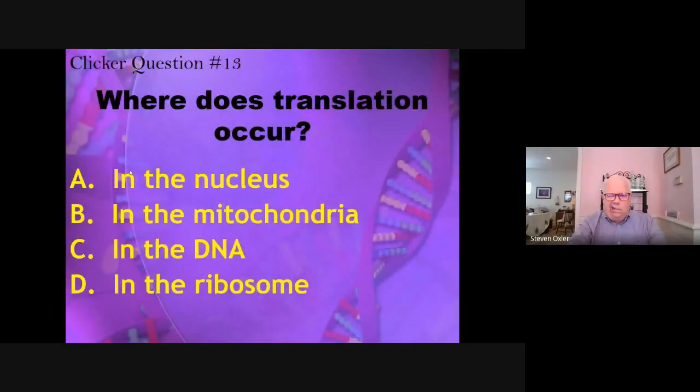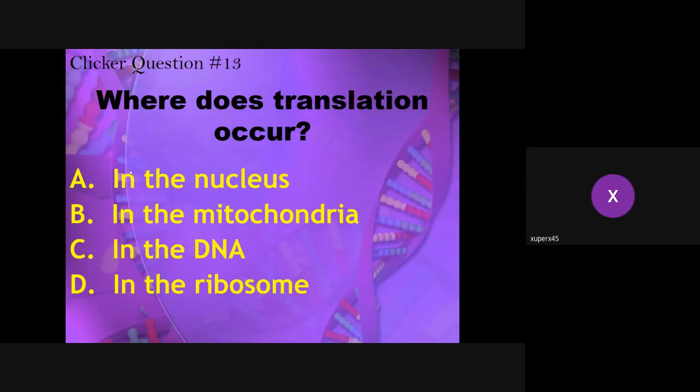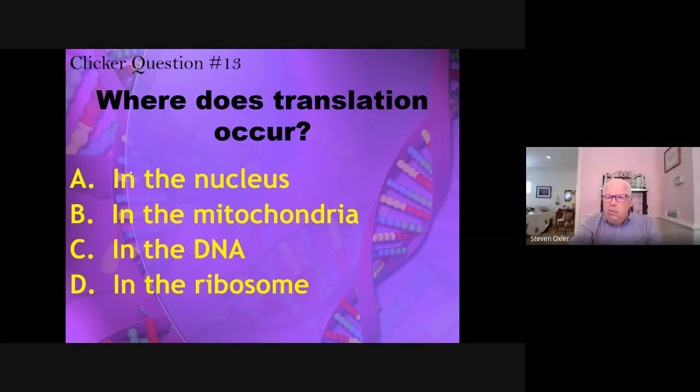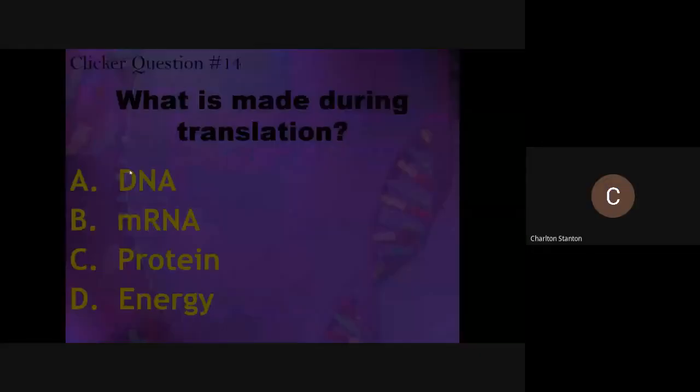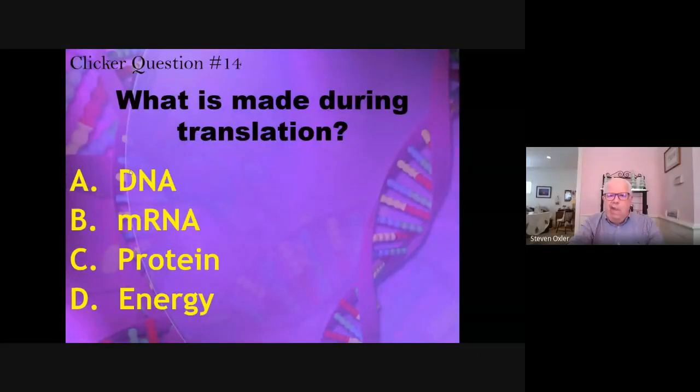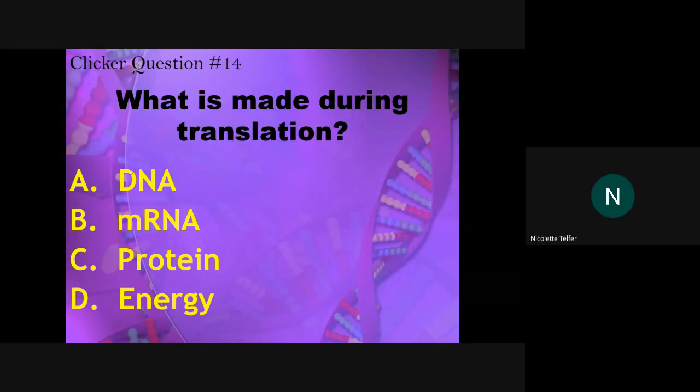Where does translation occur? Not A. Transcription occurs in the nucleus. D, in the ribosome. What is made during translation? Protein.